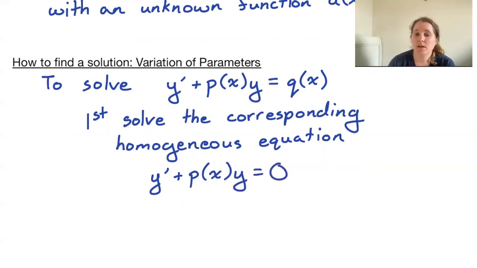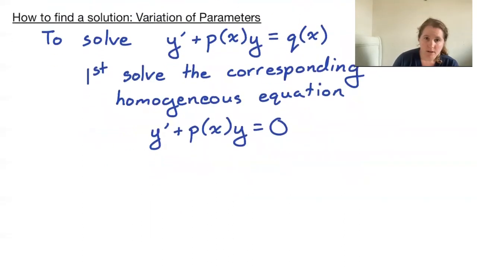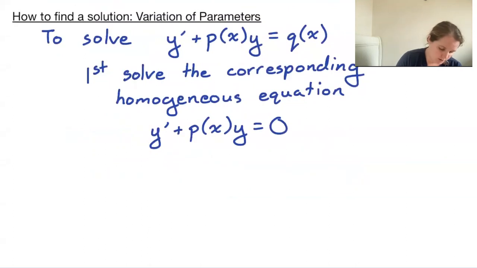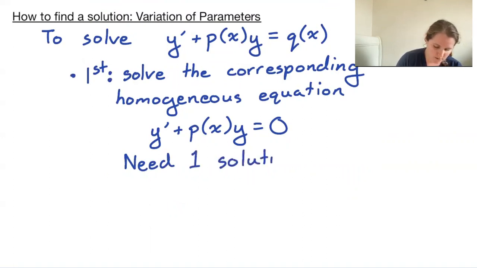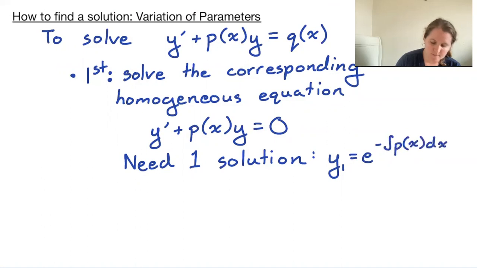We just need one solution, and so we can just pick y1 equals e to the negative integral of p of x dx.